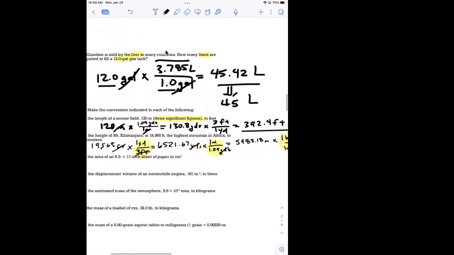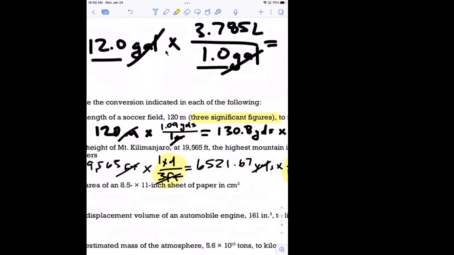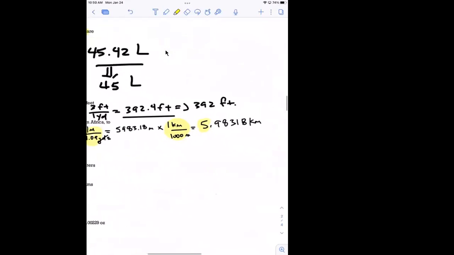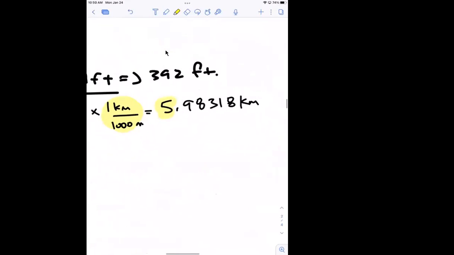But let's go with, since we started with 2 here, let's go with 2 here. So how would we report that in 2 sig-figs? 6.0. 6.0 kilometers. Good. That's for 2 significant figures.